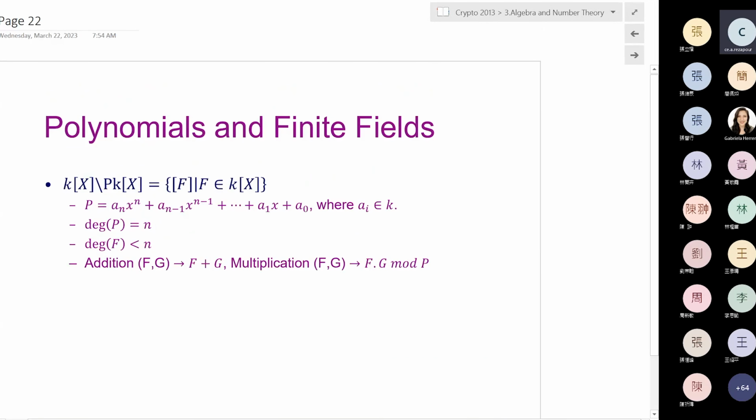So far, what we had was some Z star p or Zp, where we have elements 1, 2, 3, all the way to p minus 1. So we were working with the integers and we are fine. Everything works. We can create cryptographic groups. We can have inverses.